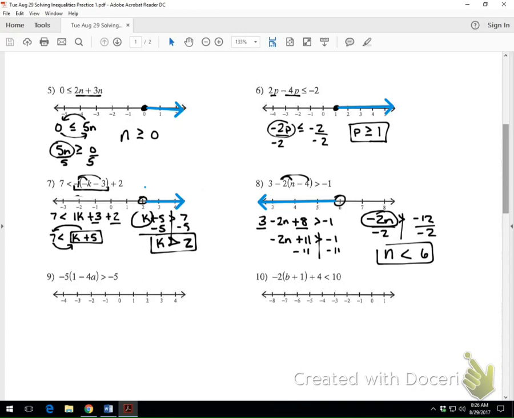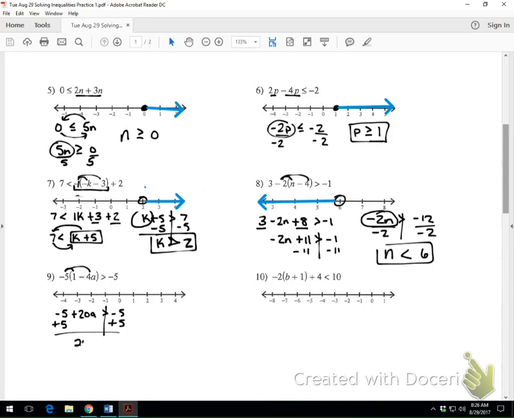Okay, number 9. Draw your claw. Negative 5 times 1, negative 5. Negative 5 times negative 4a, plus 20a. And then you get greater than negative 5. I don't have to combine anything else, do I? Do I have to mirror image anything? No. Okay, so draw my line. What do I do from here? Add 5.